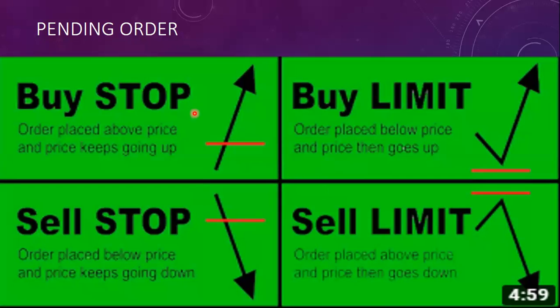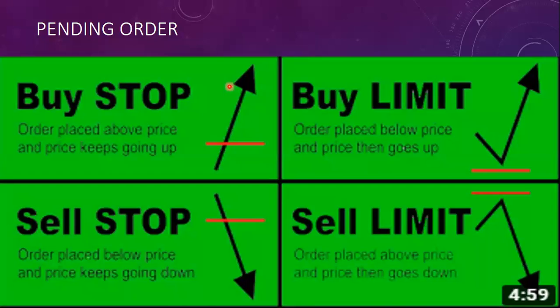Here are the 4 orders we have: buy stop, buy limit, sell stop, sell limit. What does each order mean? Okay, to understand these orders and to put them in your mind, you have to know the difference between the order stop and the order limit.